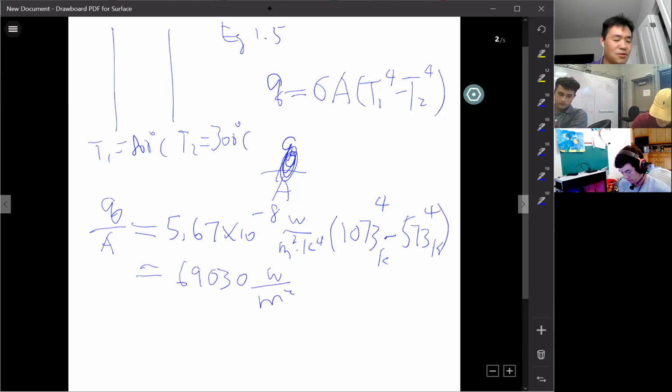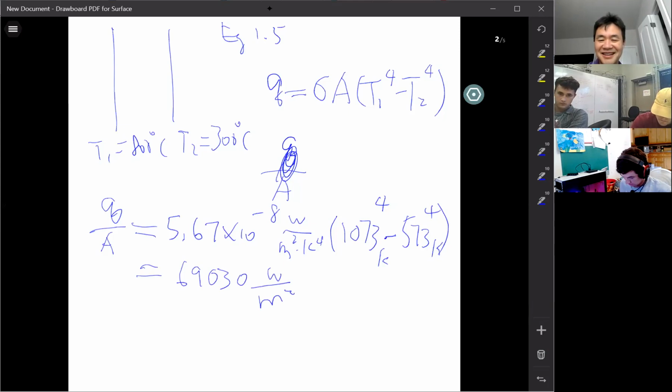I don't like that the textbook always puts down kilowatt directly. From this calculation, there's no way you can get kilowatt directly. From the unit, it should be watt per meter square. Sometimes we make a mistake by doing the kilowatt too much.